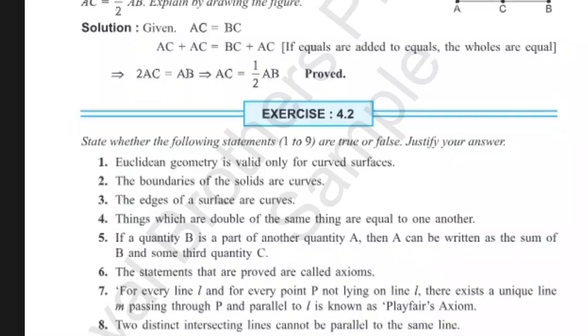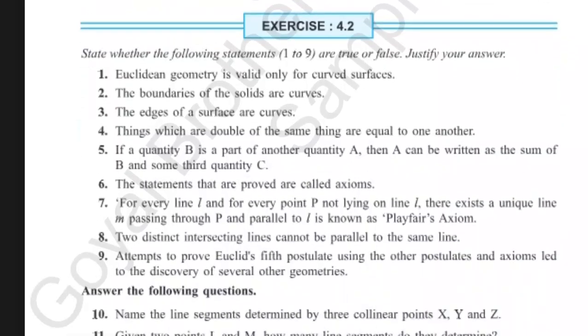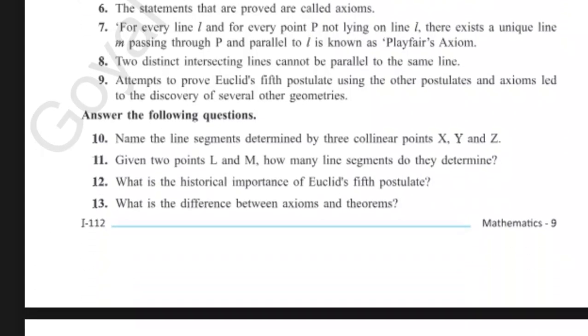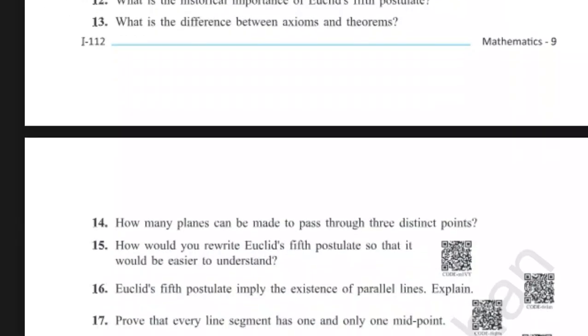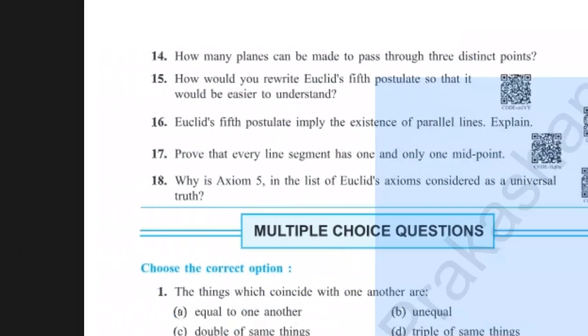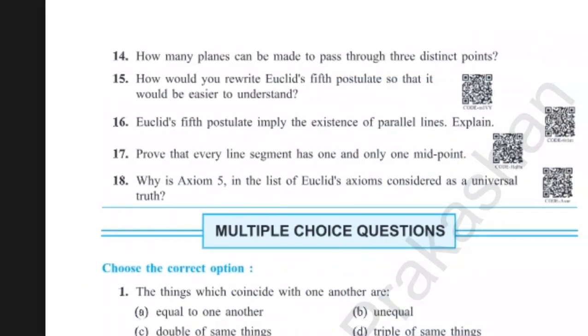Next is exercise 4.2. These are some questions. State whether it is true or false. Then next set is answer the following questions. Things which coincide with one another are equal to one another.